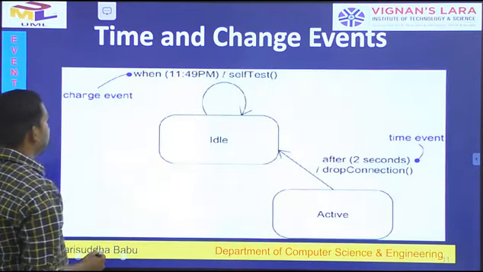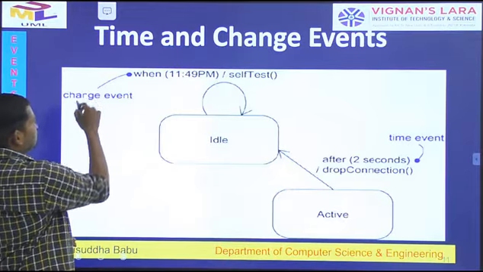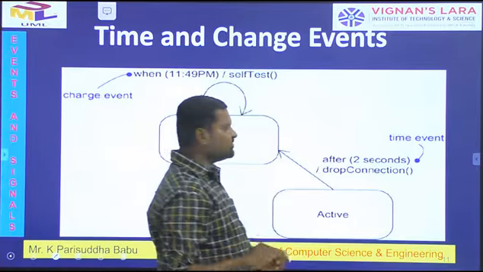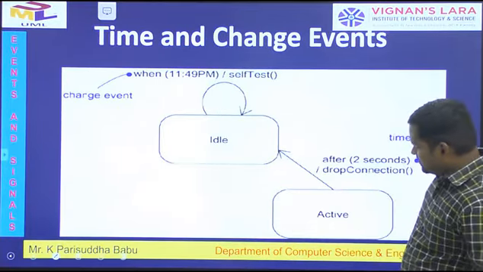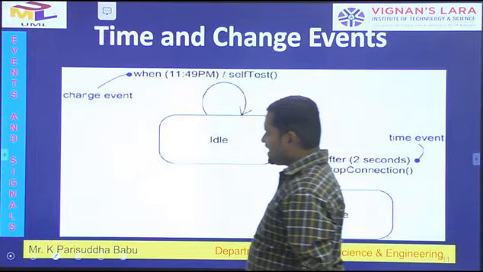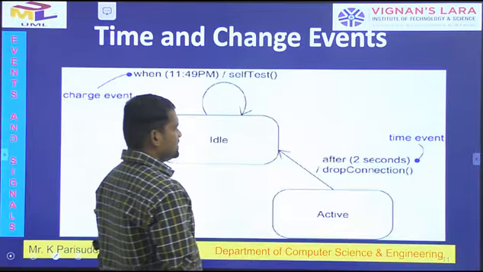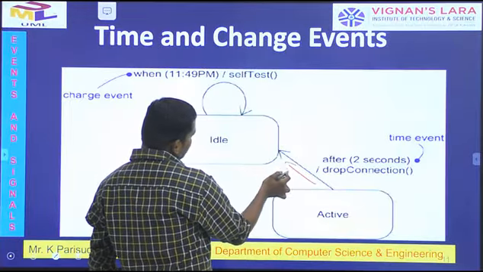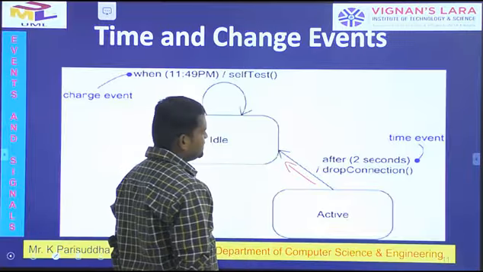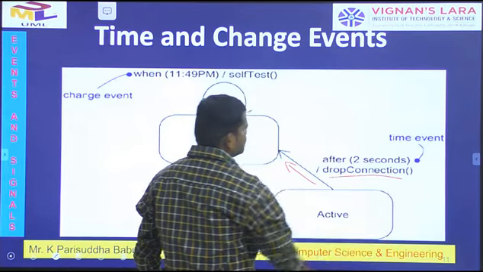See this example of time and change events. First of all, we see the time event. Active is one state. From that active state to the idle state, after 2 seconds, drop connection.